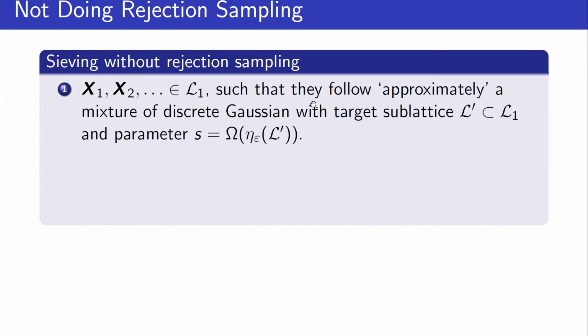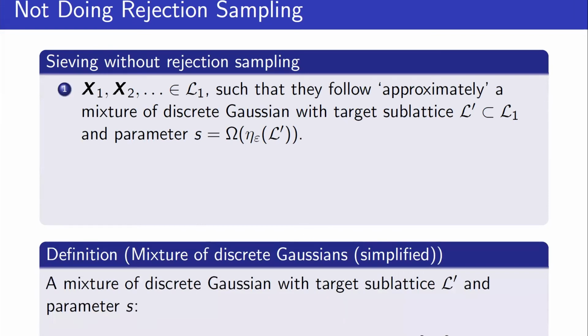So we just ask them to follow approximately a mixture of discrete Gaussian with some target sublattice L prime. So here is a definition of this mixture of discrete Gaussian, a simplified version. It just says that if we have this target sublattice L prime, and a parameter S, then conditioning on this vector falling into this particular coset, the distribution has to be proportional to the Gaussian weight.